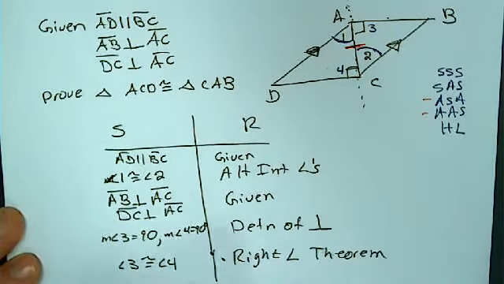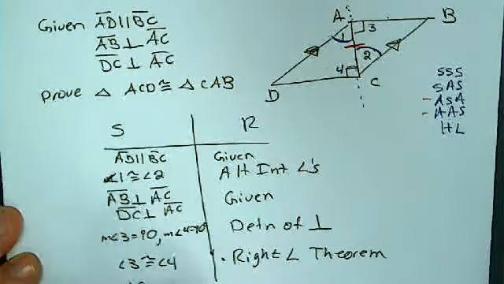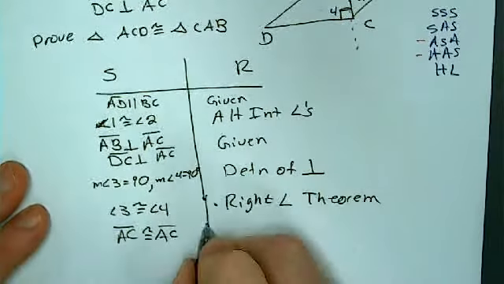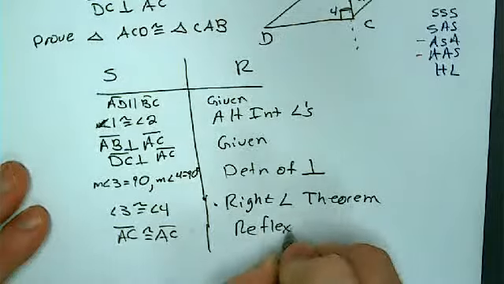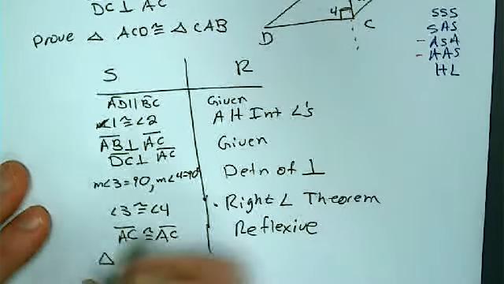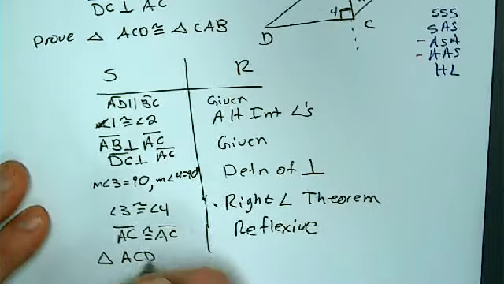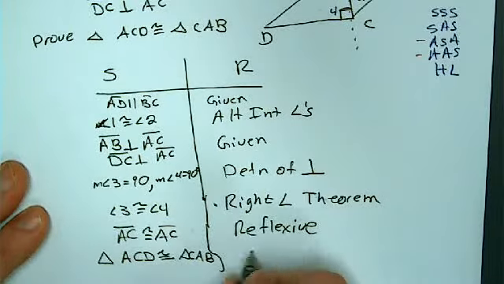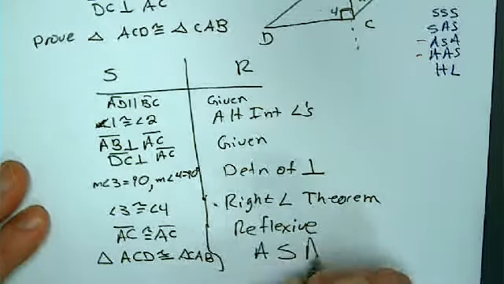Now, if I look back at this, the last thing I got to say now is that AC is congruent to AC by the reflexive. And therefore, my triangles must be congruent by angle, side, angle.